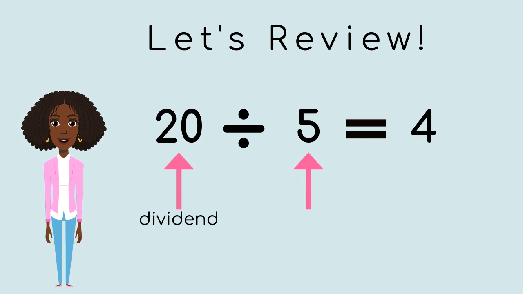That's right, it's called a divisor. A divisor is the number we use to divide or separate our first number into. And we want to think of our divisor as the amount of groups that we have. Lastly, what is our answer called when we divide? Wow, amazing job! It is called the quotient.